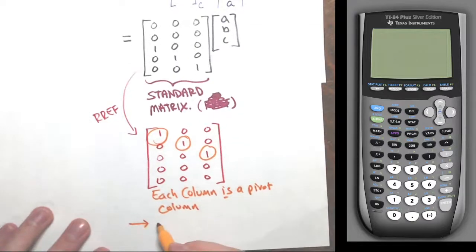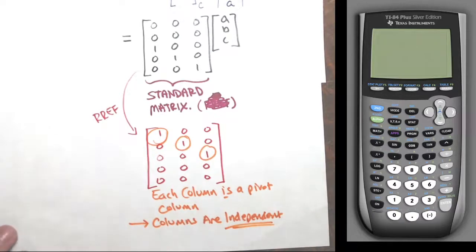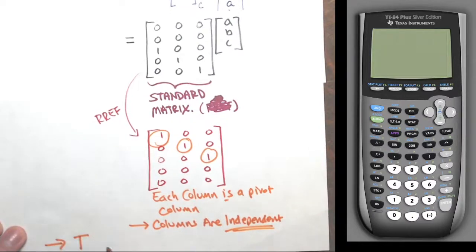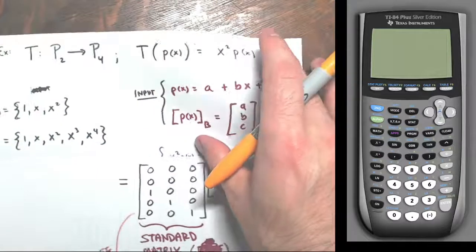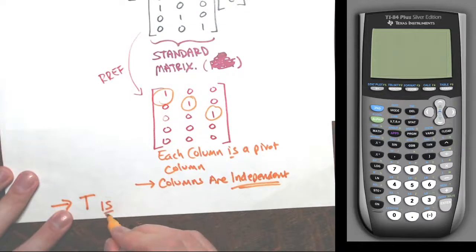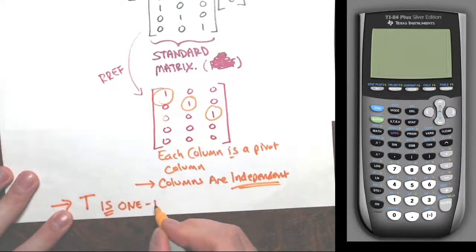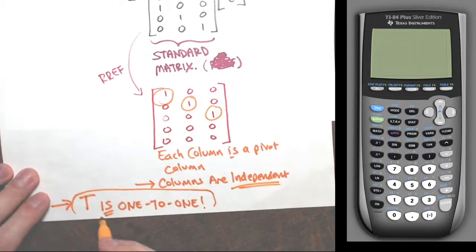Meaning that all the columns of the standard matrix are linearly independent, which is what we want when we're trying to show that indeed this transformation I started with, T of p of x equals x squared times p of x from P2 to P4, is 1 to 1, or injective. And we showed this earlier.